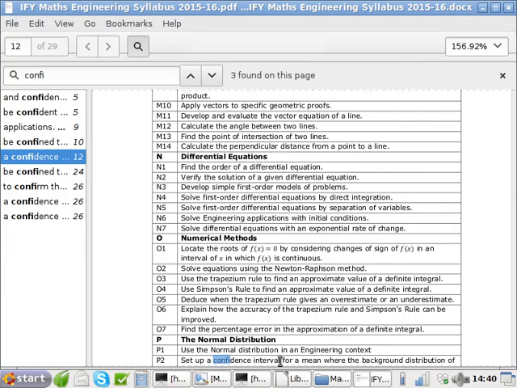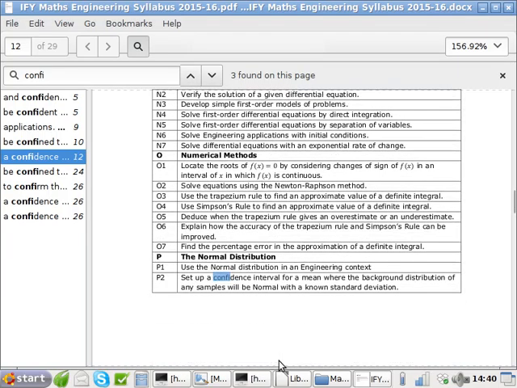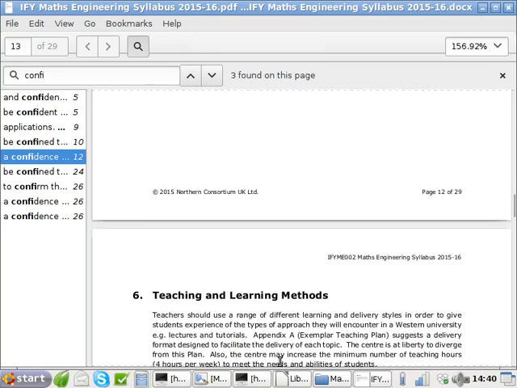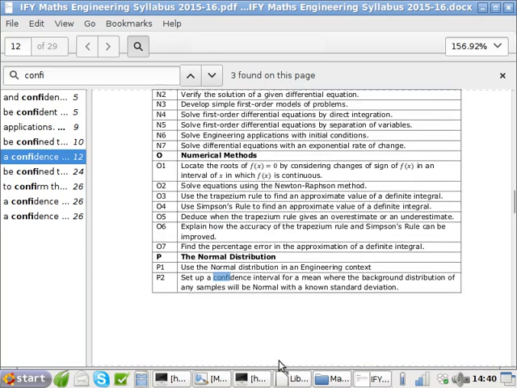Okay, so this is the last section here. I can't get the formula book right this second.